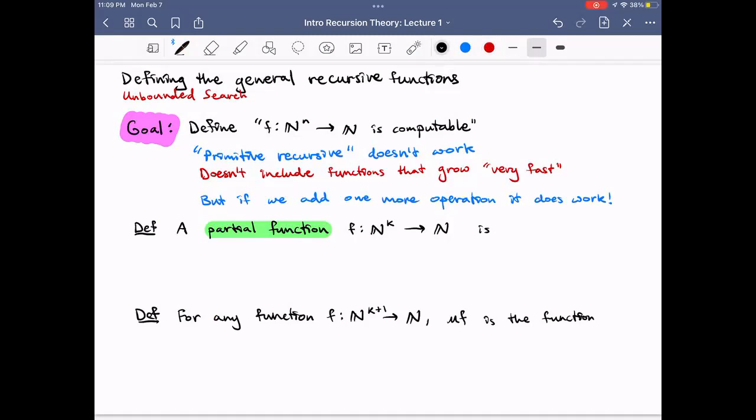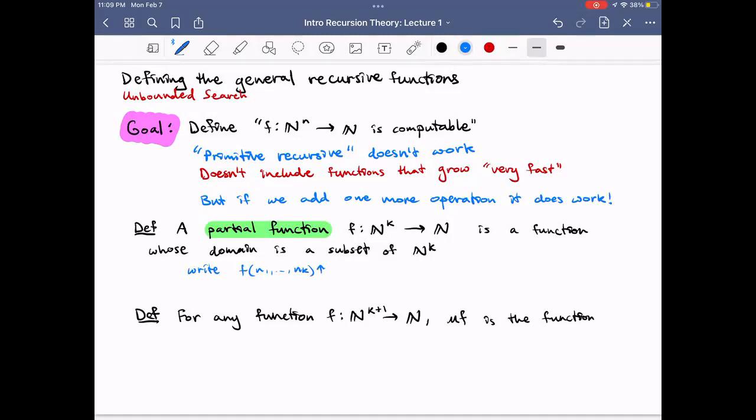So a partial function is just a function that's not defined everywhere on its domain. In other words, a partial function from N^k to N is a function whose domain is a subset of N^k. So it could be missing some elements of N^k. Often we'll write f(n1, ..., nk) with an up arrow. This means something different than before.